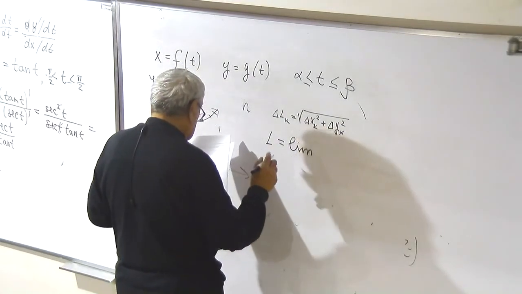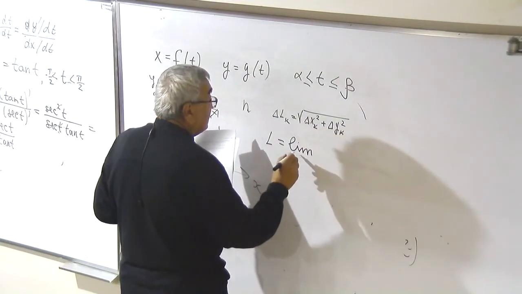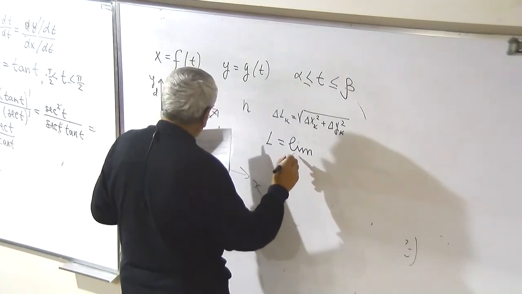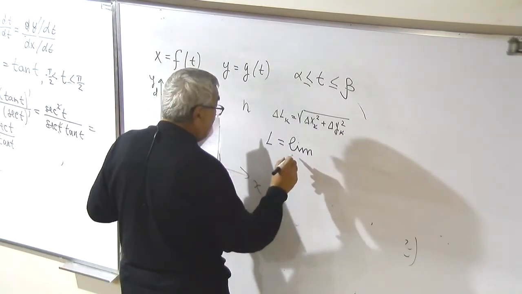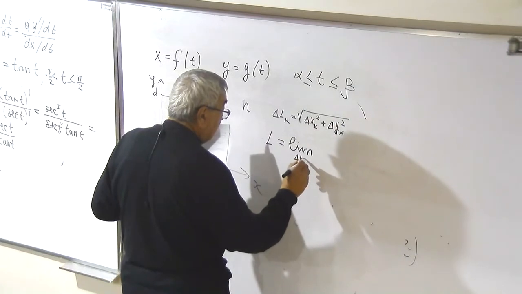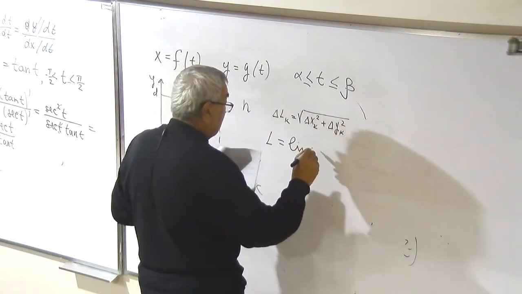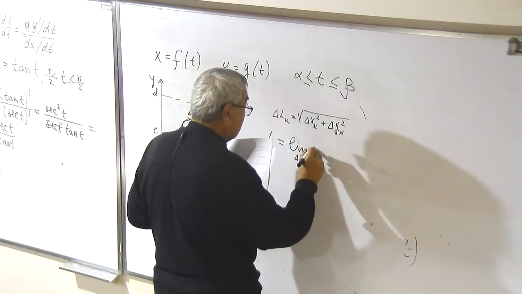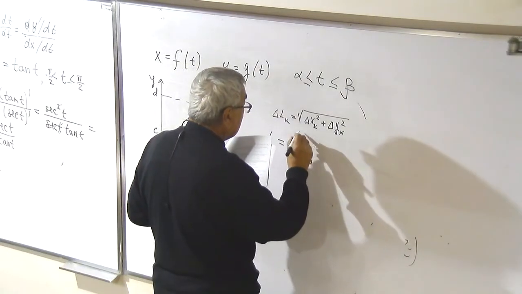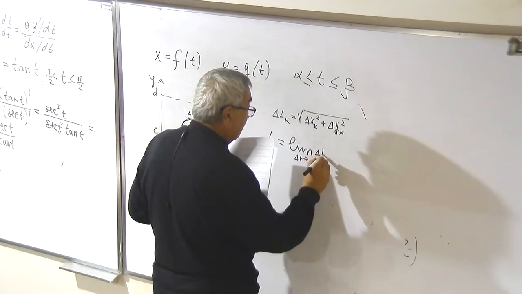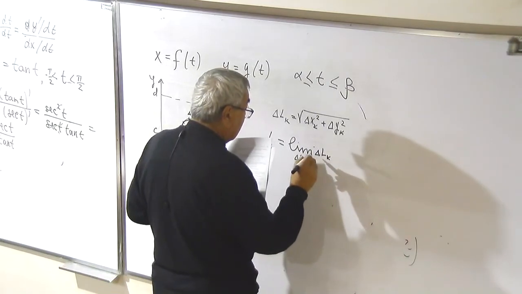The limit as delta t goes to 0, under the root delta L_k.